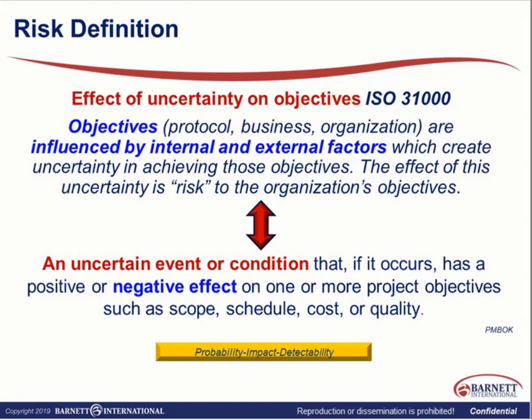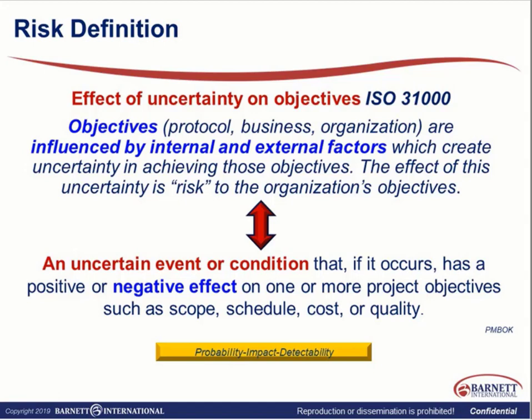And those objectives can be to our protocol, it could be to our business or organization, that are influenced by internal and external factors, which create uncertainty in achieving those objectives. And the effect of this uncertainty or risk is to meeting those goals or objectives.